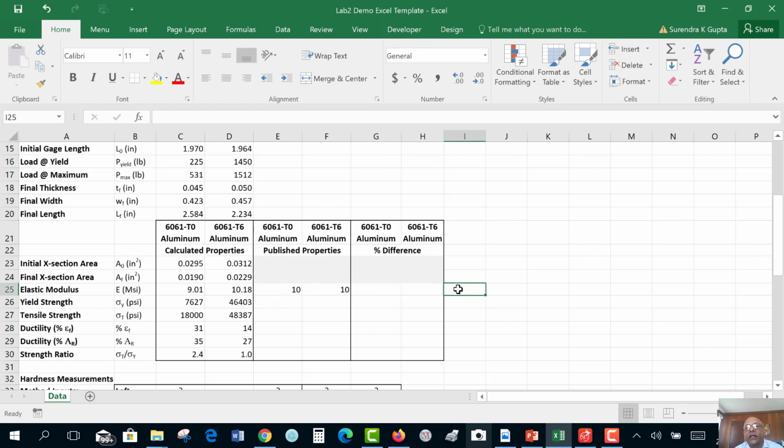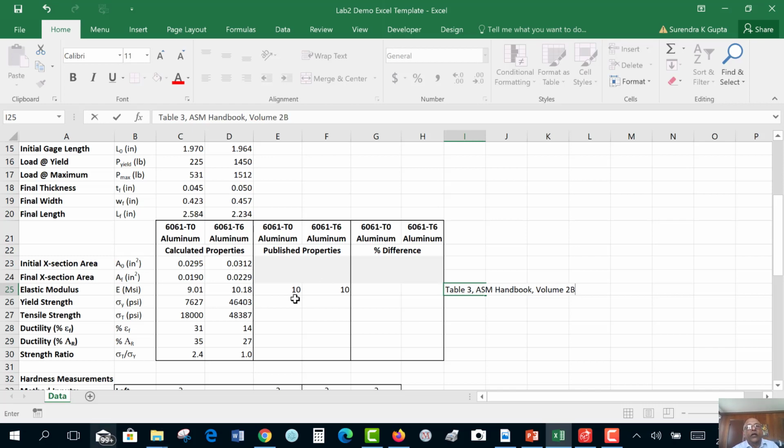And my source here is, I went through another book, and let's see what I want to show as my source. My source was Table 3 of ASM Handbook, Volume 2B.